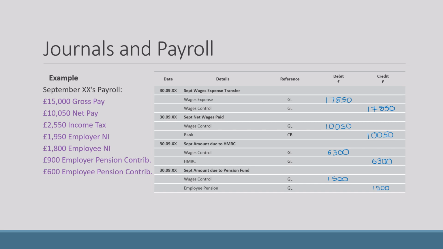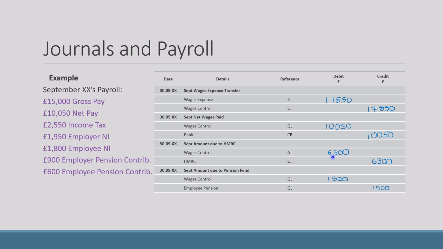So then you can see that if you were to add up your debits and your credits, it will come to 0. Your wages control account here, your 17,850, is debited 10,050 for your net wages.